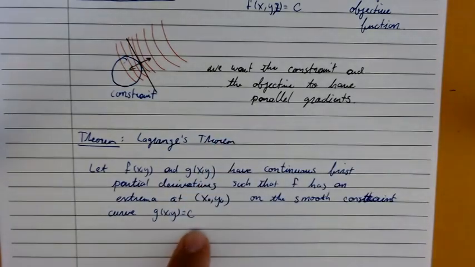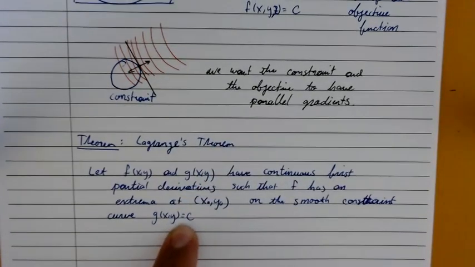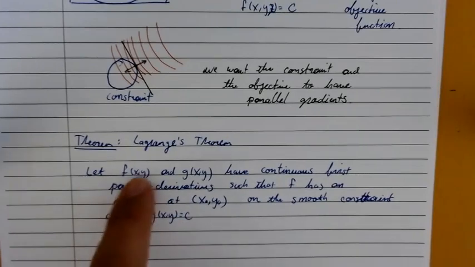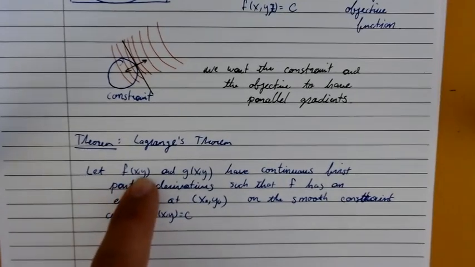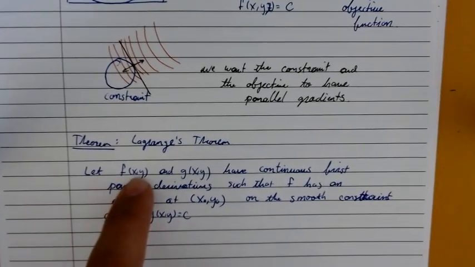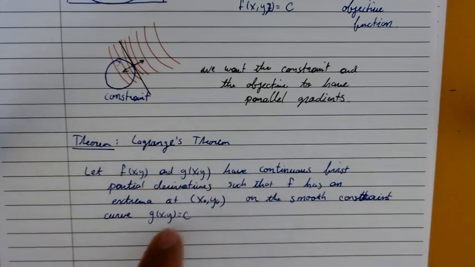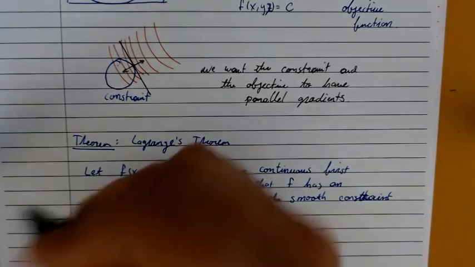So here's our constraint. It's a function equal to a constant. And then you have another function, which is our objective function. All right, so it turns out that the objective function has a maximum, given that constraint, at the point x naught comma y naught. Okay.